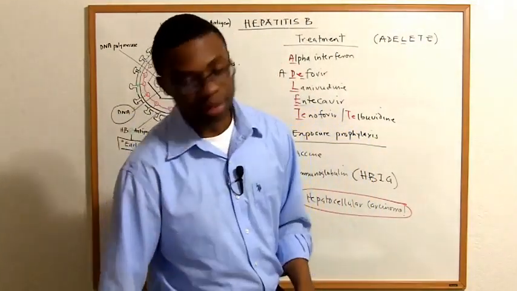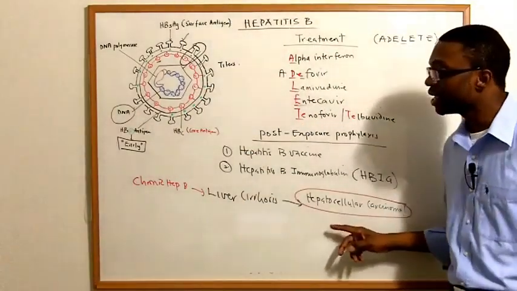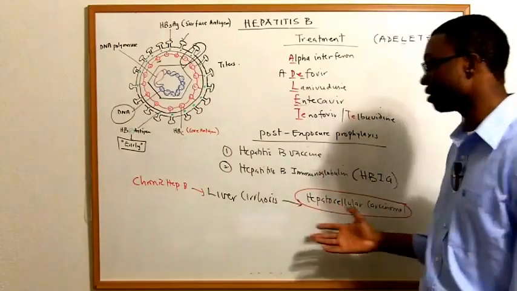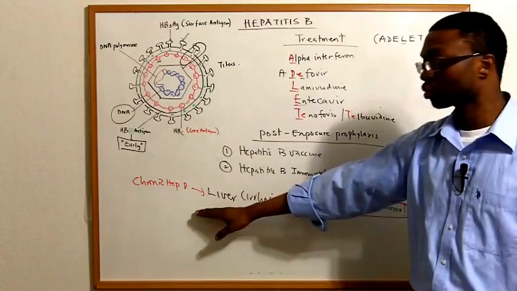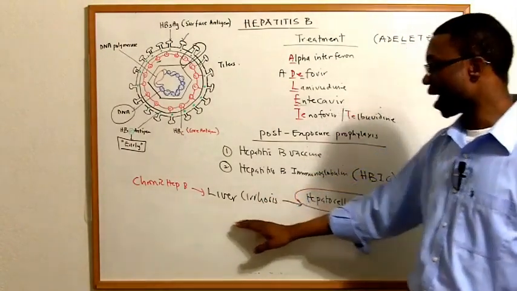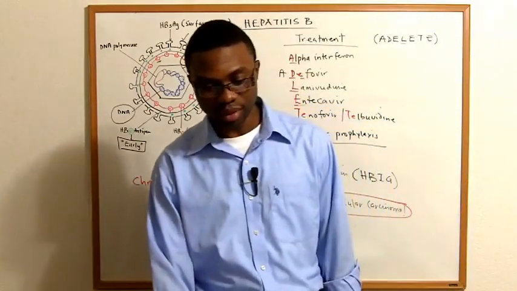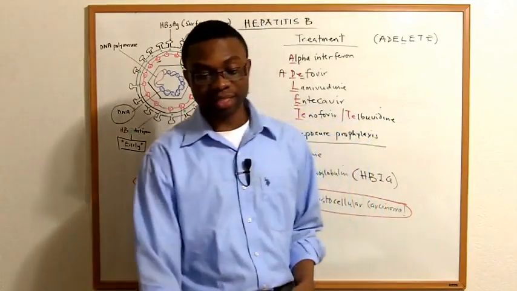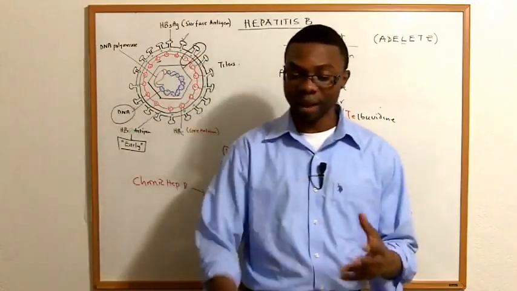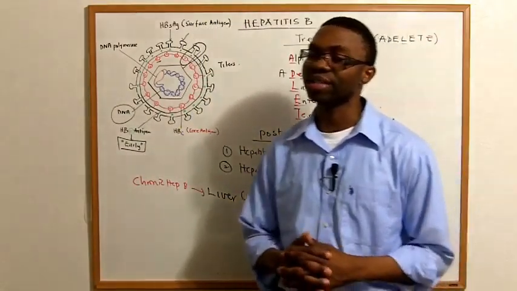Although most people are fine, they get an infection, they clear it. This is what we always worry about in the patients that develop chronic infection for the rest of their life. They're carrying the virus. They develop liver cirrhosis, which has a lot of complications and some portal hypertension, right? And then they can also develop liver cancer. So this basically brings us to the end of hepatitis B. Remember, this is a very, very silent disease.